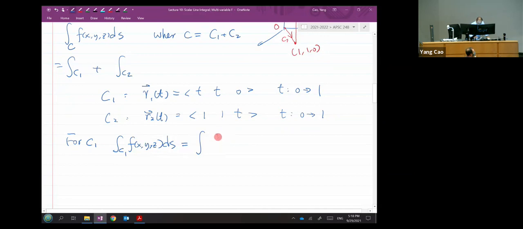If you recall how we do that, we replace x with x of t, replace y with y of t, and then replace z with z of t. At the same time, ds is the square root of dr1/dt dot dr1/dt, dt.